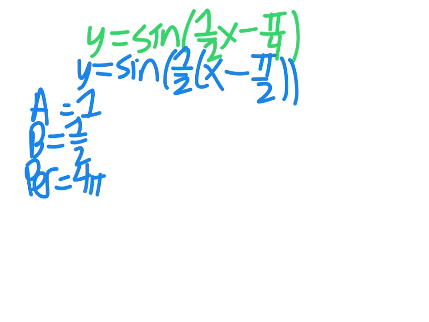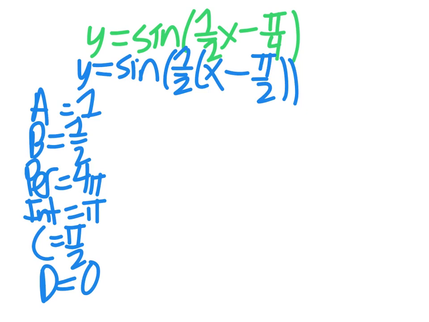And then each interval, well, an interval is just the period over 4, so the interval for this graph is going to be pi. And then we know c is equal to pi over 2, and d, or the midline, is 0. So the graph would look like this.